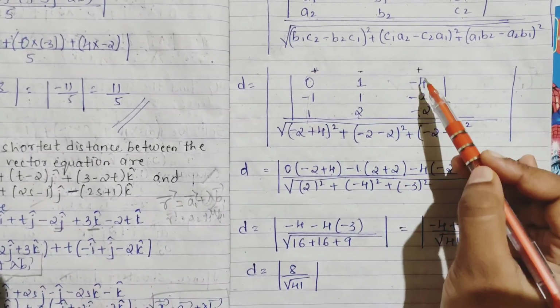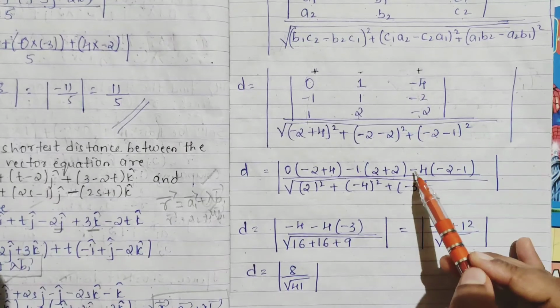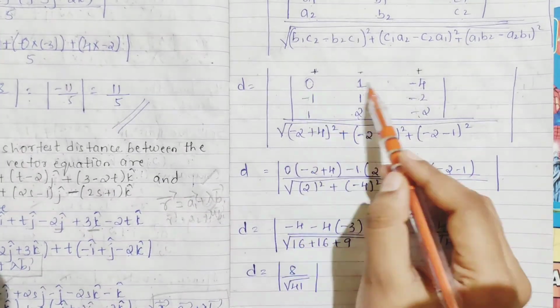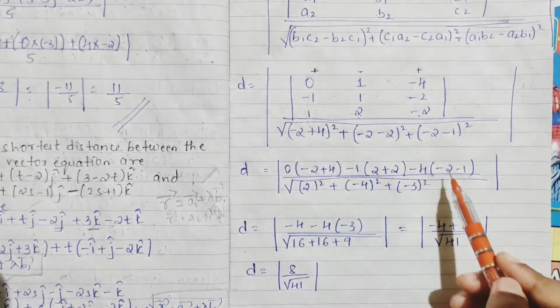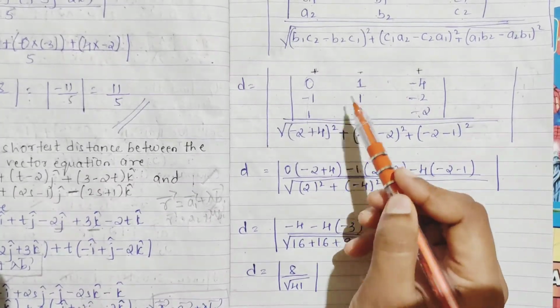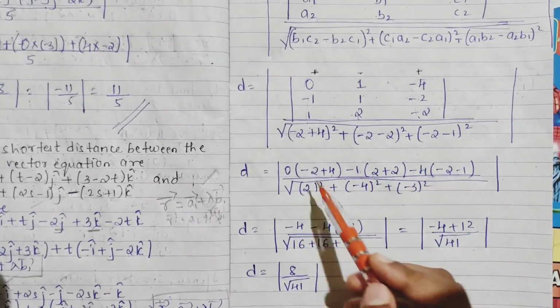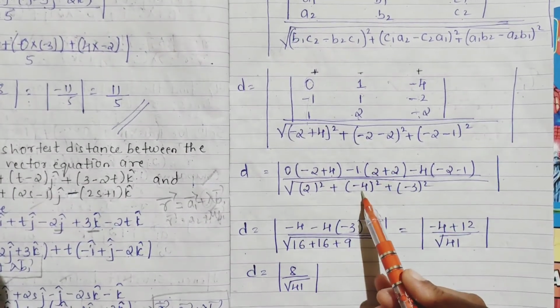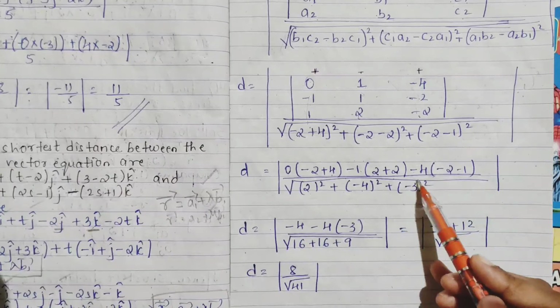Here plus but here minus, so it becomes minus 4 into again the third column and first row: 2 1s are 2, minus 2, 1 1s are 1 but minus, so minus 1 whole, 4 minus 2 you will get 2 whole square, minus 2 minus 2 minus 4 whole square plus minus 2 minus 1 minus 3 whole square.